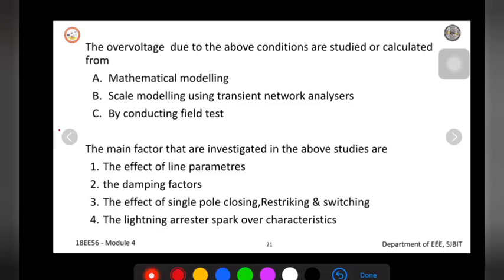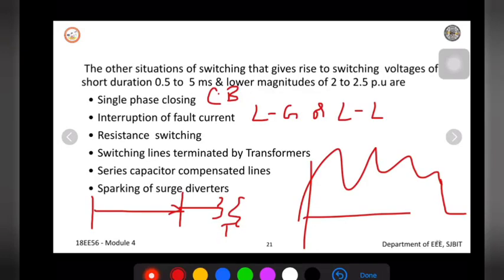We can record that, we can measure, and what is the duration taken to rise this voltage and how long this over voltage will be present within the transmission line. We can monitor that. So these are the three ways to calculate the over voltage for these conditions.